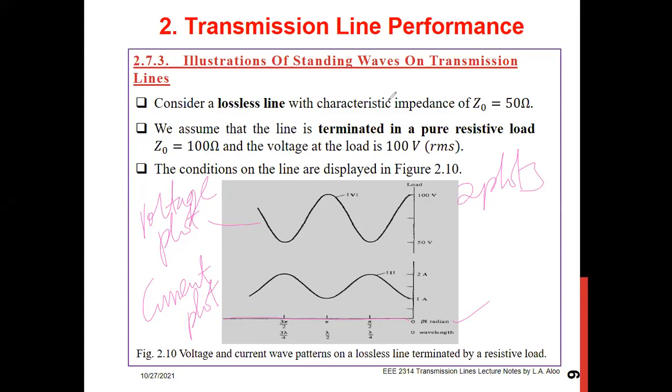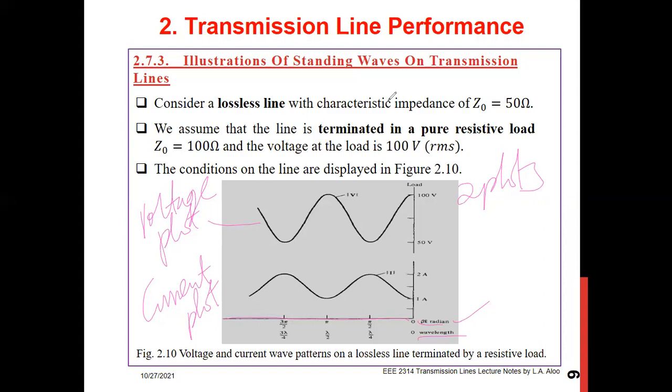But we also have an alternative way of expressing the length or the distance of a transmission line in terms of wavelengths. So there are two scales there. The upper one is the electrical length in radians, and the lower one is wavelengths.